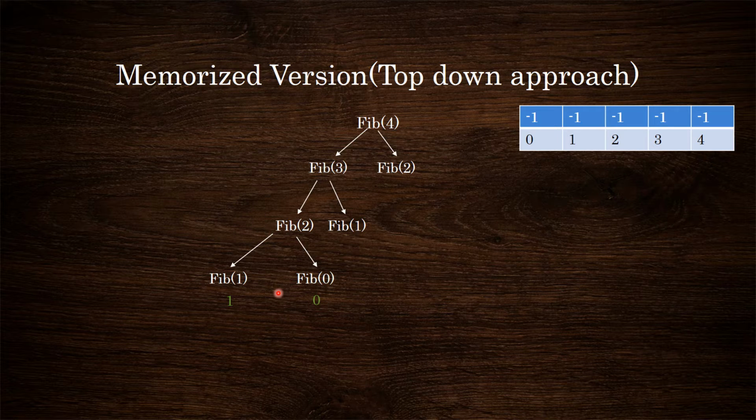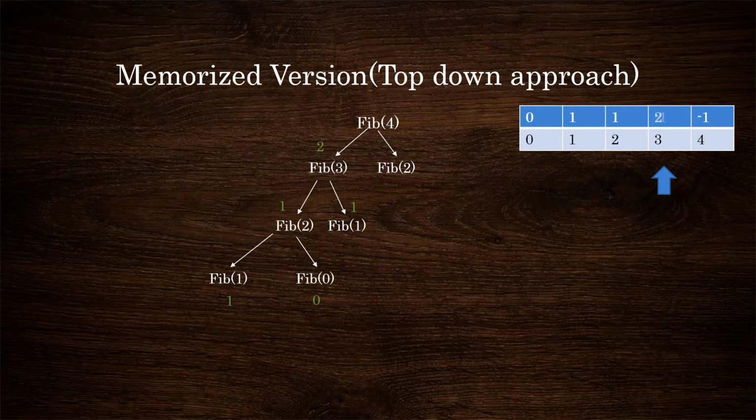Now we update the table, and now we have the value of Fibonacci of 1, and Fibonacci of 1 and Fibonacci of 0 will result in Fibonacci of 2. So we will update the table. We already have the value of Fibonacci of 1, so we take this value, and to calculate Fibonacci of 3 we add up these two Fibonacci numbers and we get Fibonacci of 3, which is 2, and we will update the table.